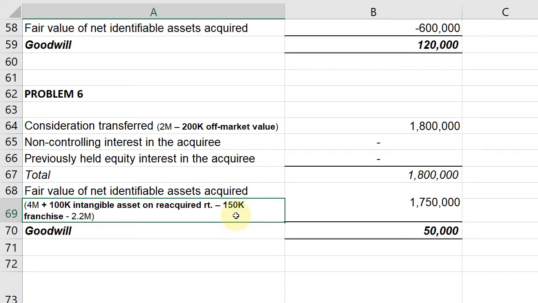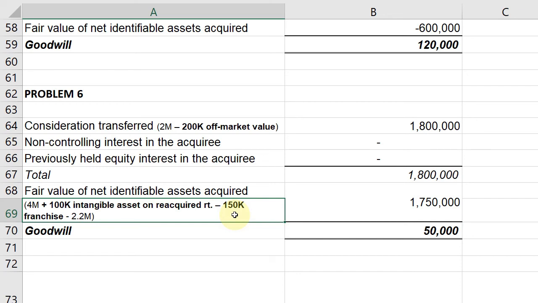Okay. Then, i-add mo ngayon itong si intangible asset on reacquired right. Okay, intangible asset na siya. Okay? Reacquired right at, ano ilalagay mo? Off market, at market, or fair value. You put the at market value niya. Okay?